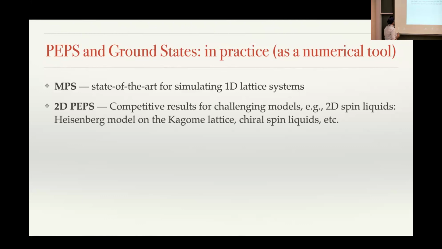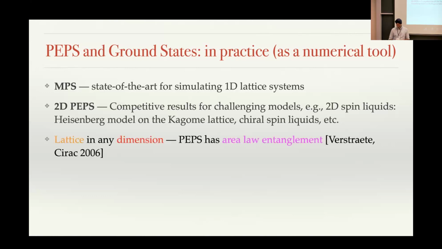In 2D, PEPS has also been applied to very challenging models and producing results, for example, comparable with Monte Carlo. I'll just mention 2D spin liquids, for example, the Heisenberg model on the Kagome lattice. And then these 2D PEPS can also simulate chiral spin liquids.